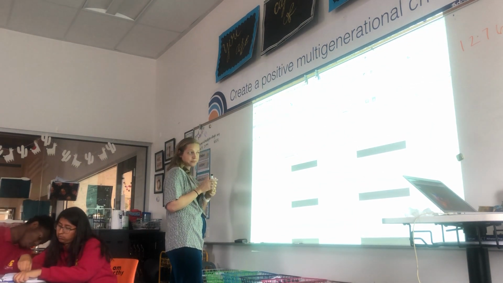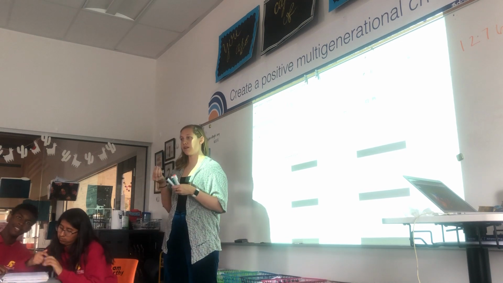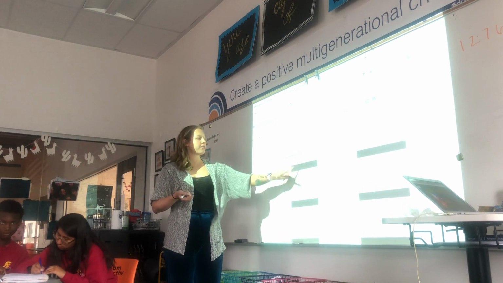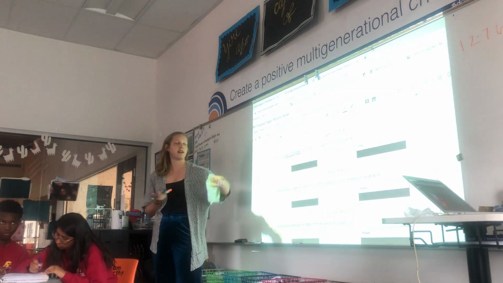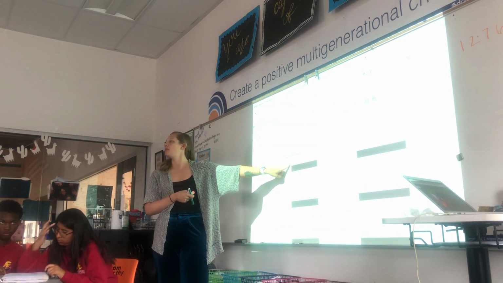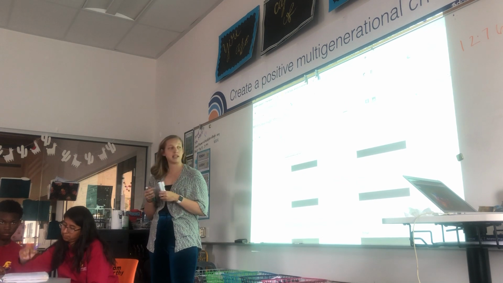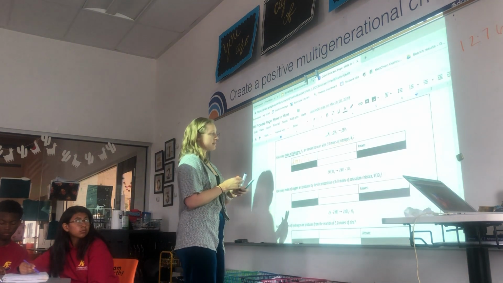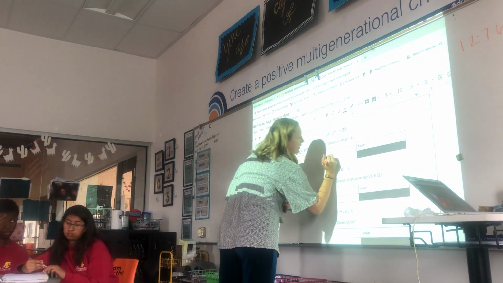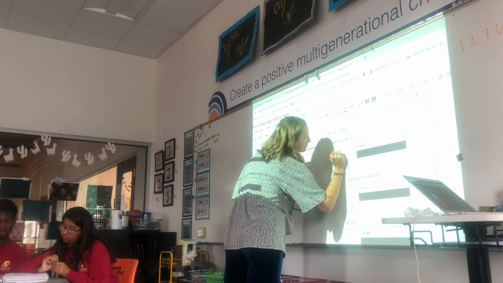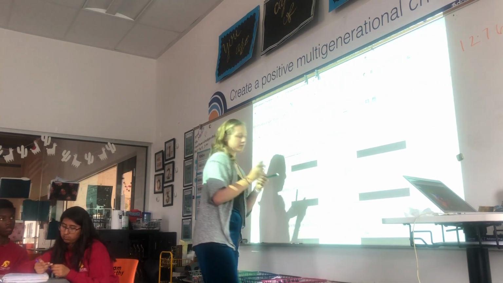Okay, now, here's where my mole ratio comes into play. How do I cancel out moles of N2? Where is this written right now, the top or the bottom? So where do I need to write the next one? The bottom, because I need to cancel it out. So I'm going to write my moles of N2. Now, where do I get this number from? I'm trying to use a mole ratio.